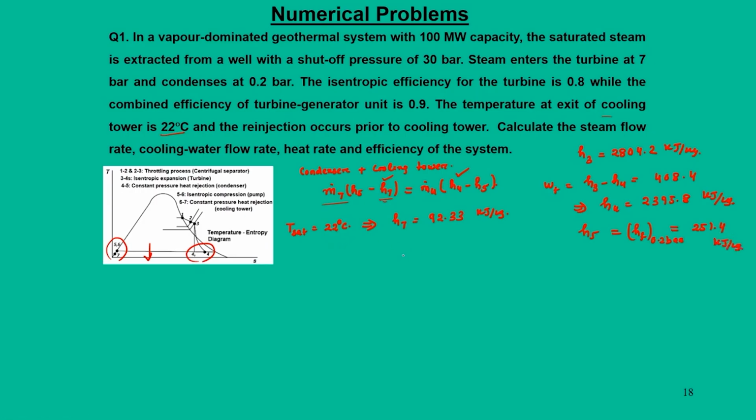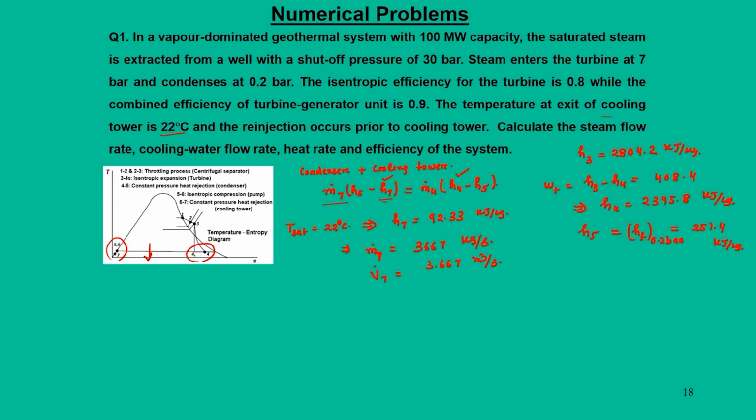From these equations all the numbers are known: h5, h4, h7. So, this will give you cooling water requirement as 3667 kg per second, and volume flow rate for the water would be 3.667 meter cube per second.